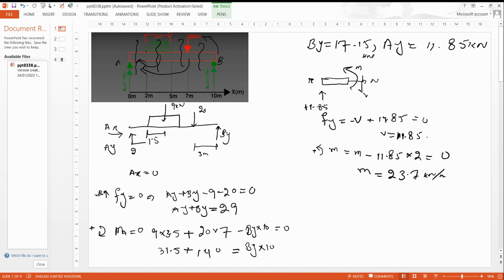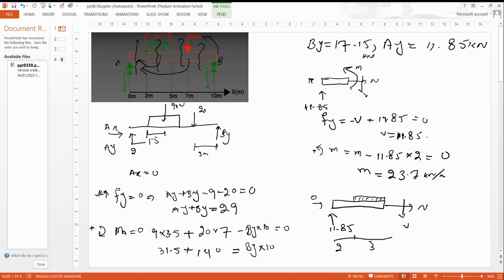Now cut it again, at the middle point. The process is the same. This one is the UDL. The total distance of this beam is 2 here and 3 here, so it's 5 meters.